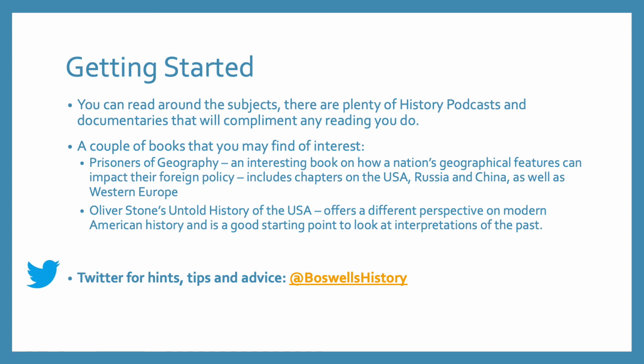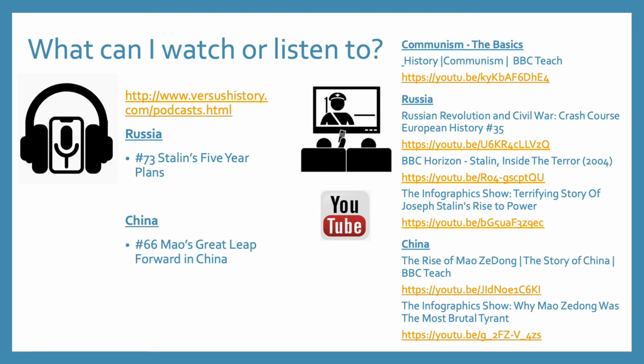You also have Oliver Stone's Untold History of the USA, which offers a different perspective on modern American history and is a good starting point to look at interpretations of the past. It certainly covers aspects of the coursework that you look at towards the end of year 12 and throughout year 13. There's a selection of things that you can watch or listen to here. I'm not going to read through them all, but again, a good starting point to pique that interest.